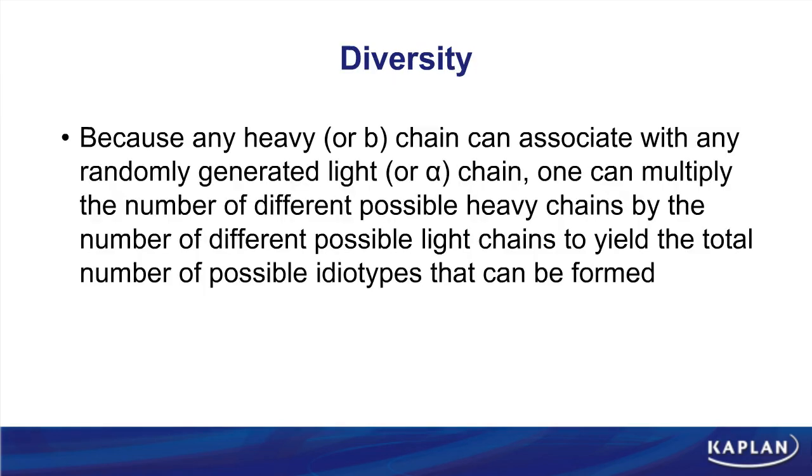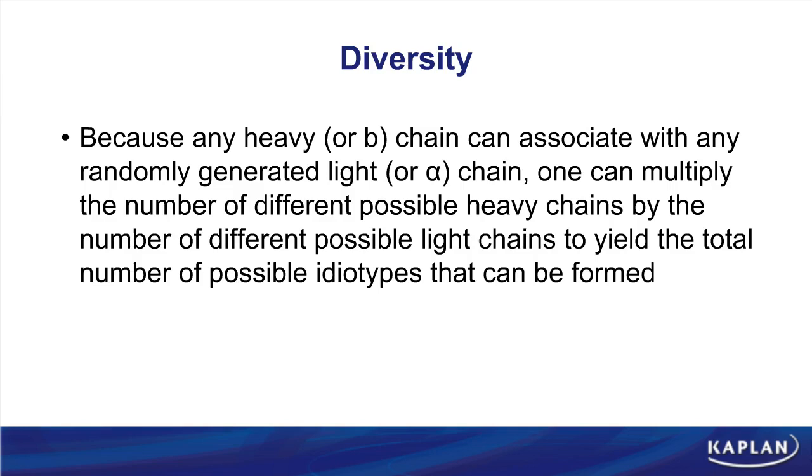We already talked about a significant level of diversity in gene rearrangements, and the fact that we can have hundreds of different V segments and several Ds and several Js that come together in any different combination to give us the variable region of the B cell or the T cell receptor.